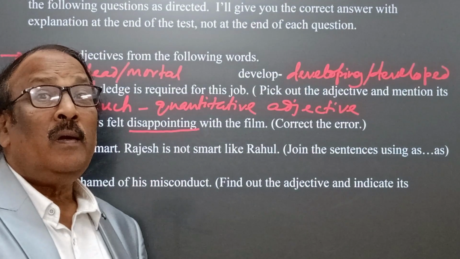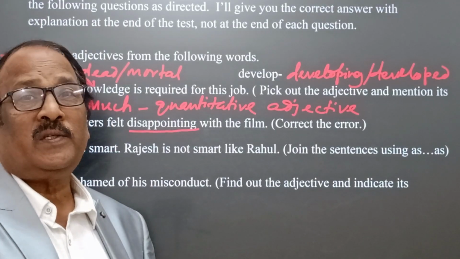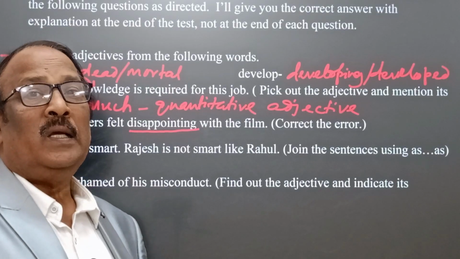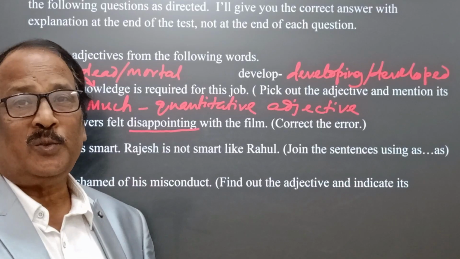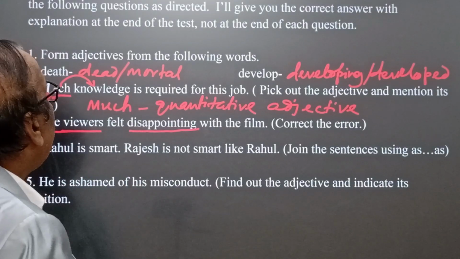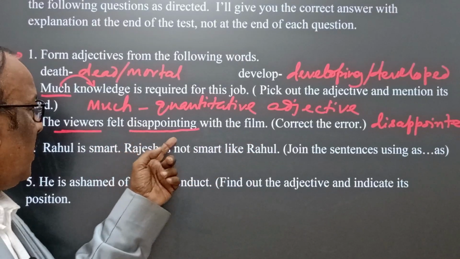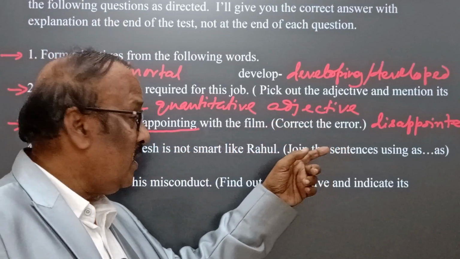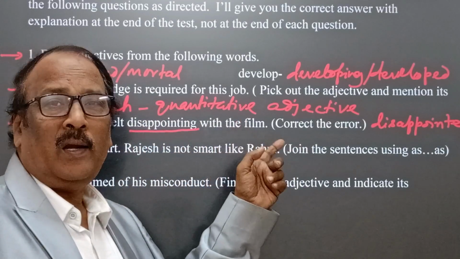But whenever any person or thing expresses a feeling or emotion, the past participle of the adjective is used. Here the viewers felt disappointed. Disappointed means felt sadness. The film was disappointing, but the viewers felt disappointed.